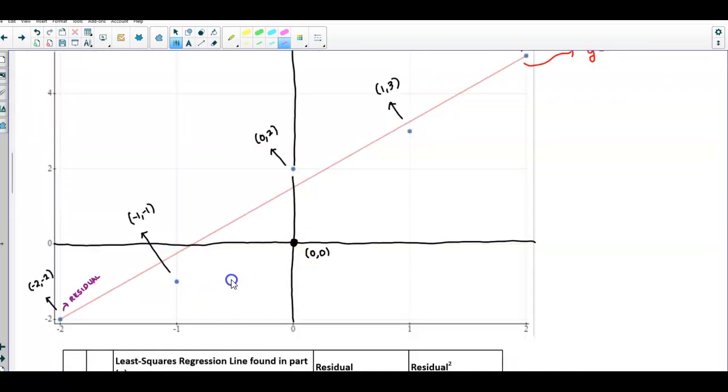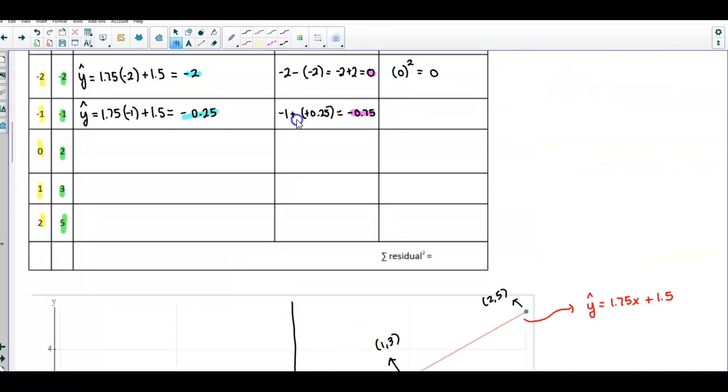Well, I want you to take a look at this line here. The distance from this line to this point is the residual. And if you notice that it's below the line, the distance from that point to that line is the residual. The residual is taking this value.